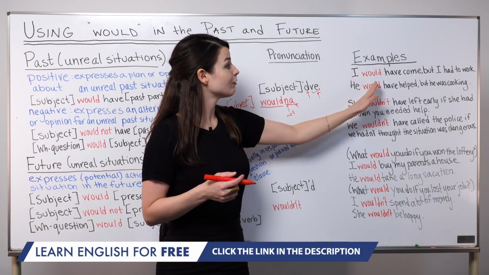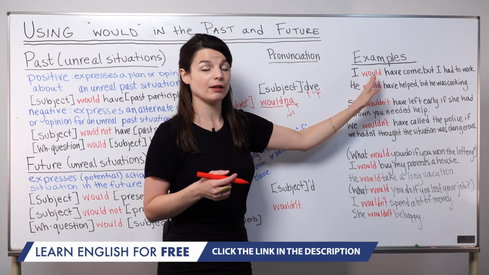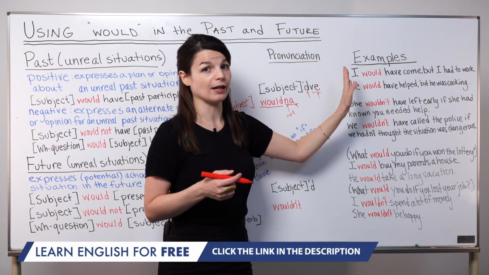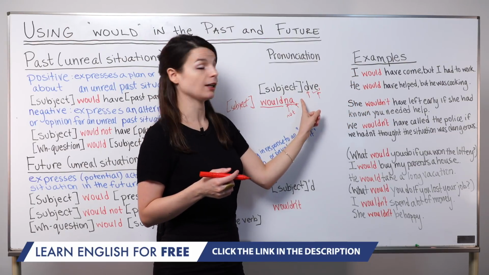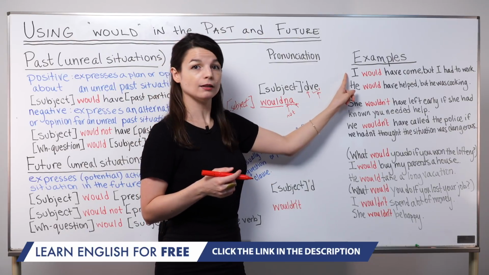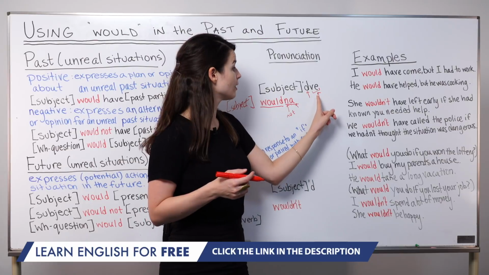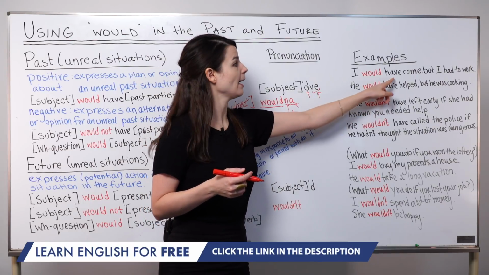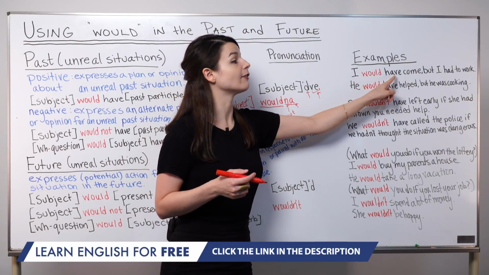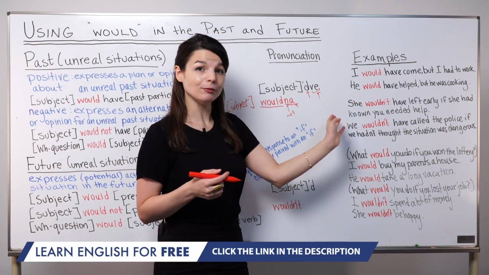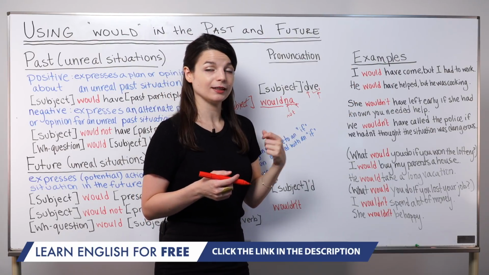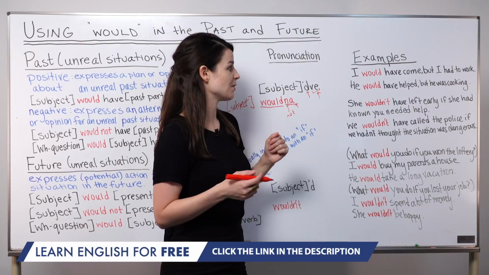So I'd have come would probably be the way a native speaker would pronounce this, just as I've introduced here. My subject is I, I reduce would to d, and I make the v sound for have. So I would have come becomes I'd have come, but I had to work. I'd have come is how it sounds.